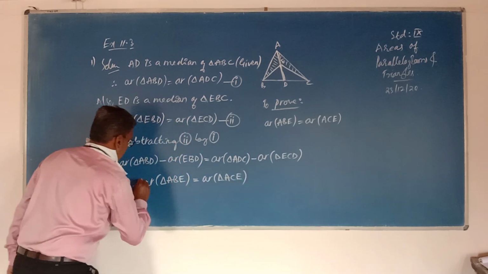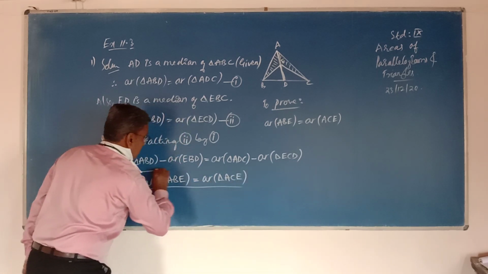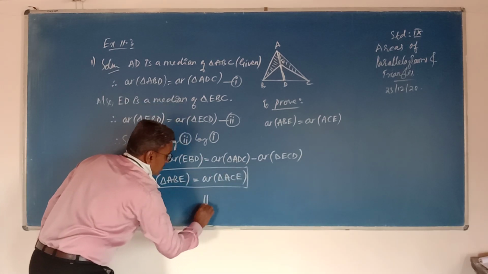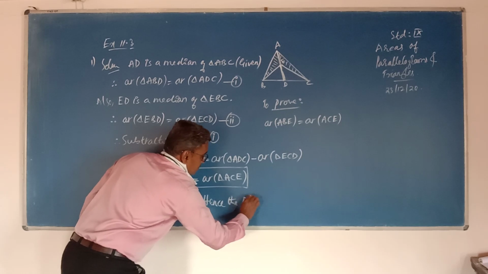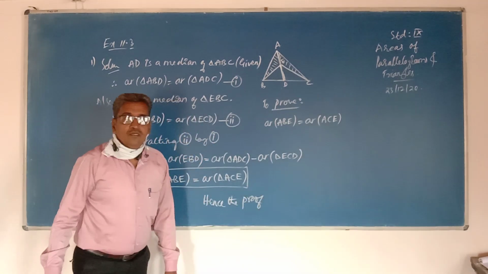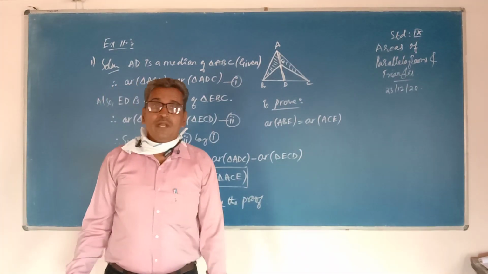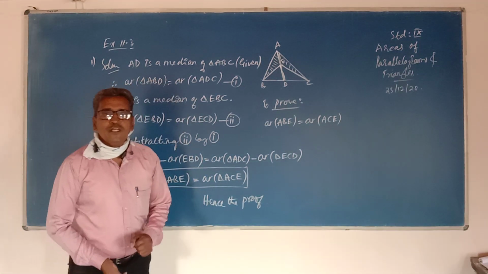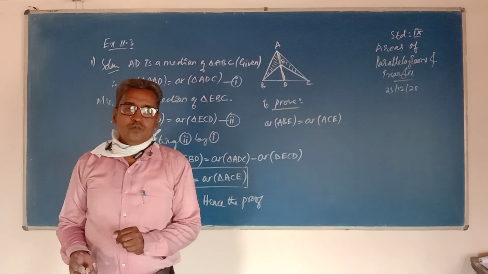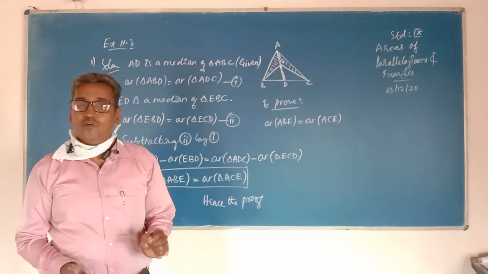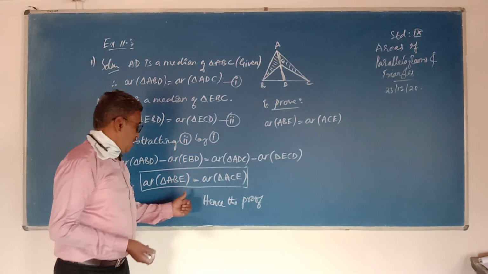See, this is our result. Hence, the proof. Which point did you apply here? The median of a triangle divides the triangle into two triangles of equal area. Very important.